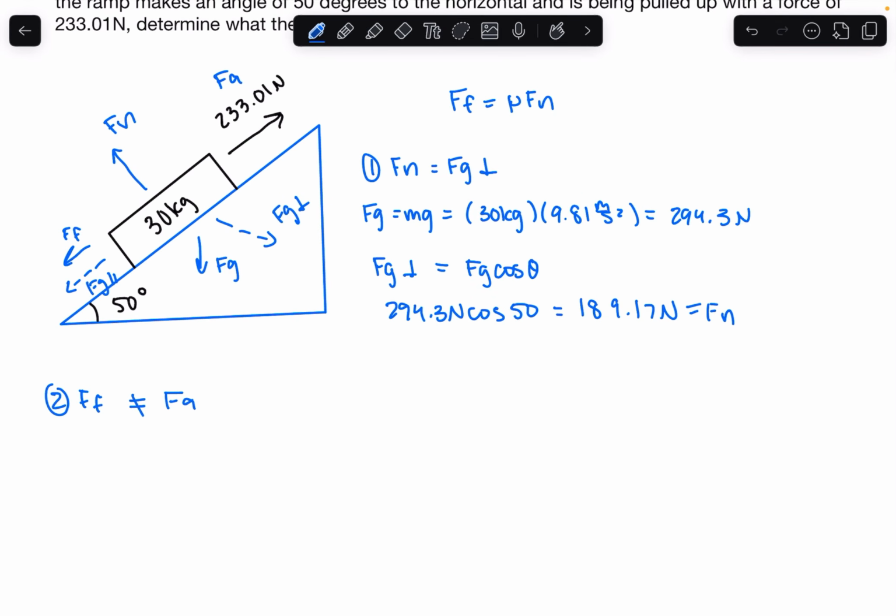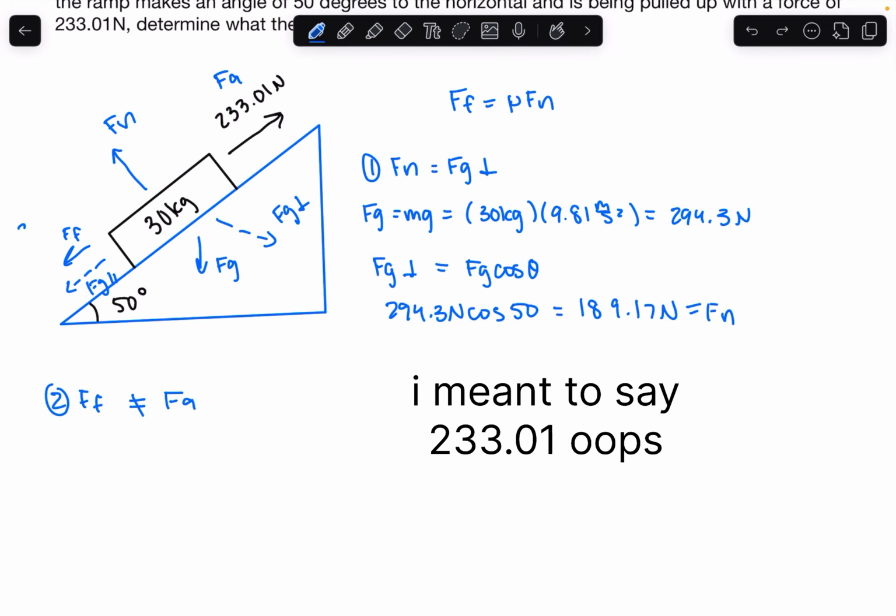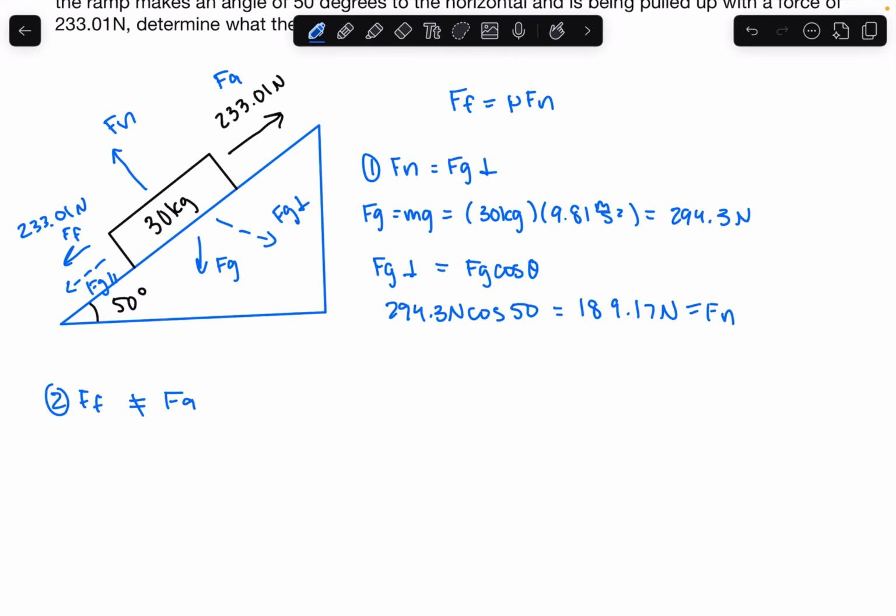So the force applied, or the pull force, is 233.01 newtons, and this balances out the total opposing forces of the block, which are both FF and FG parallel. If you look at the free body diagram, this is FA, that's the 233.01 newtons. There's also more force over here, but it's combined. So 233.01 newtons equals FF plus FG parallel.